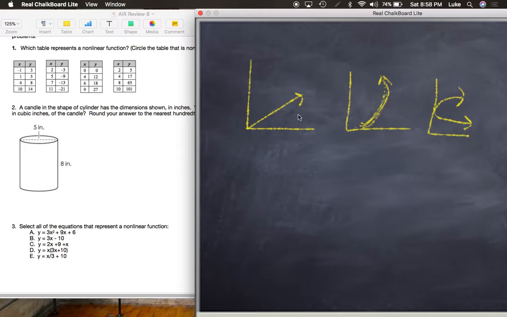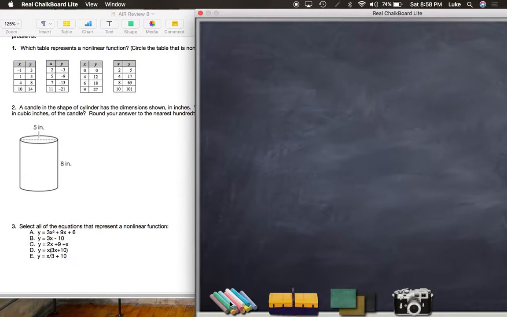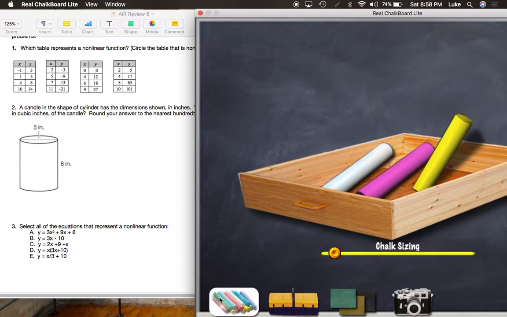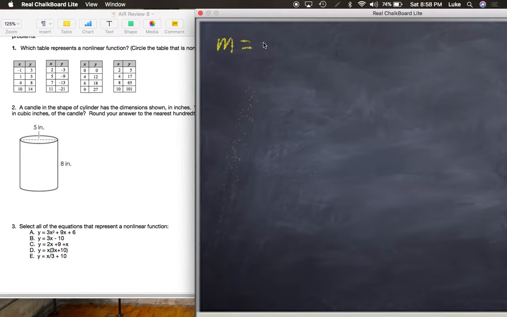not a straight line. Now, put simply, a nonlinear function, or a function that is not a straight line, would have a changing slope. Its slope would not be a constant rate. So remember that slope and rate are the same.